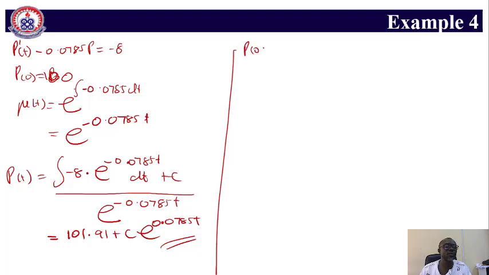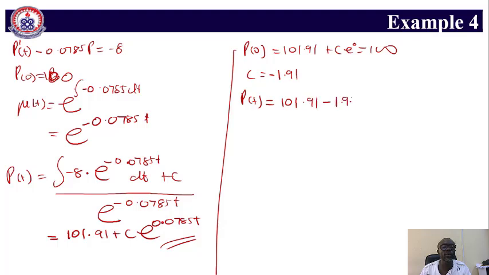Now P of 0, you're going to get 101.91 plus c e raised to the power 0 equals 100. So c will become negative 1.91. Therefore, our population at any time becomes 101.91 minus 1.91 e raised to the power 0.0785 t. So that's the population model.